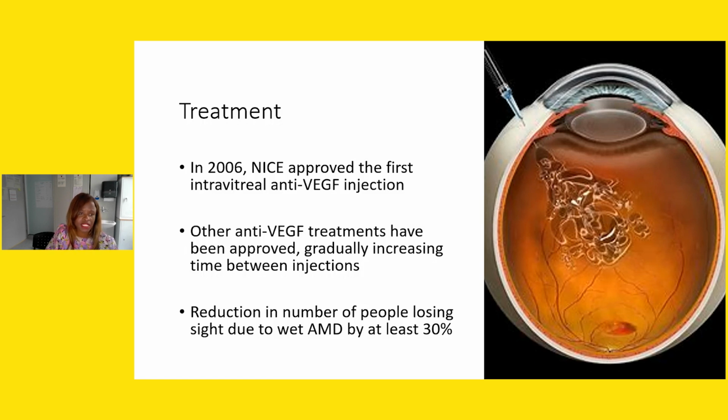We find that vision improves within 2 to 3 months of regular monthly injections. And most units will give at least 3 injections to start with on a monthly basis, and then start to extend the interval at which the treatments are given.